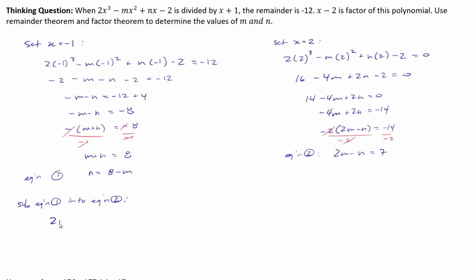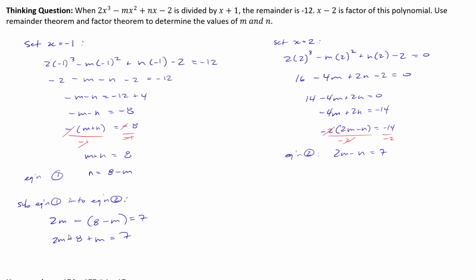So I'll take my n value, and instead of writing n, I'm going to write 8 minus m, okay, and it is equal to 7, right? So what I did is I took the n right here, the 8 minus m, inserted it here, and that's equal to 7. So 2m minus 8 plus m is equal to 7.